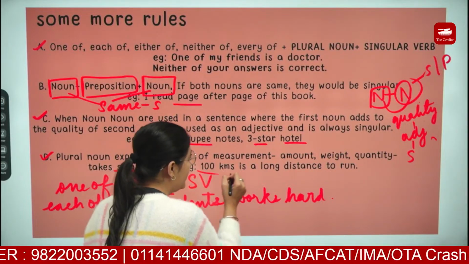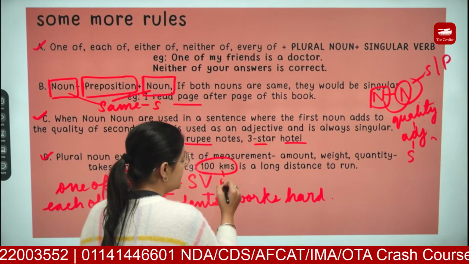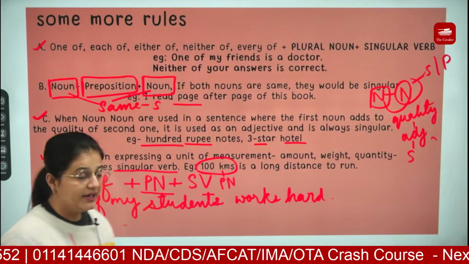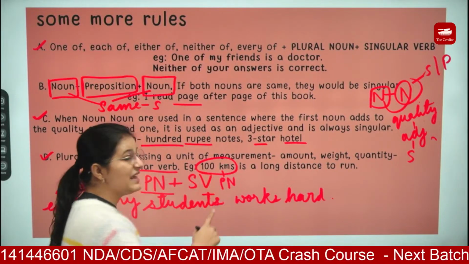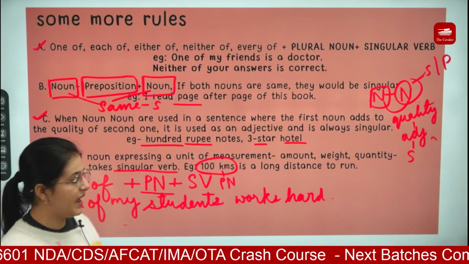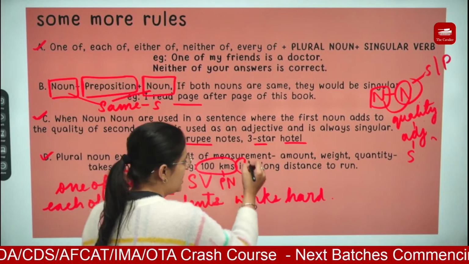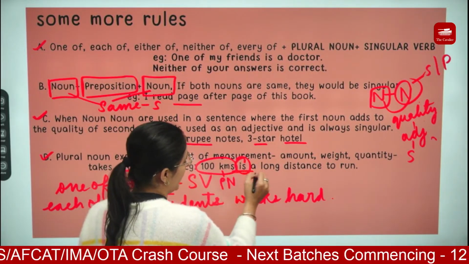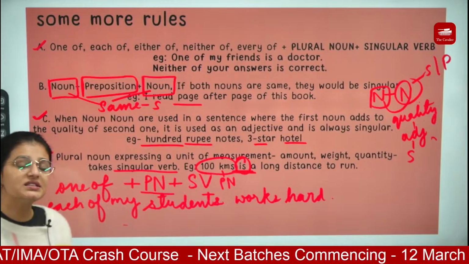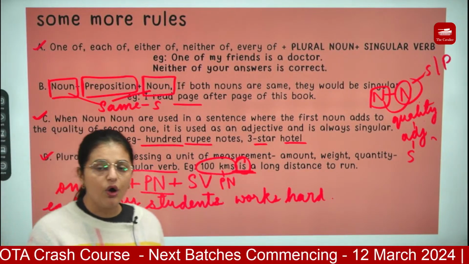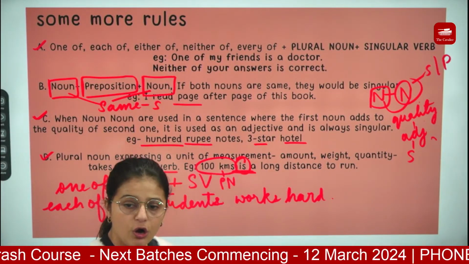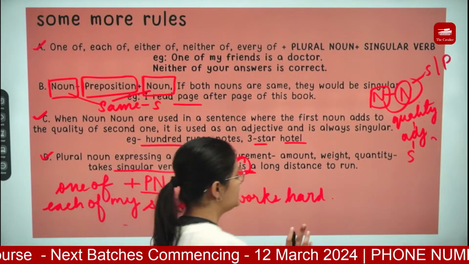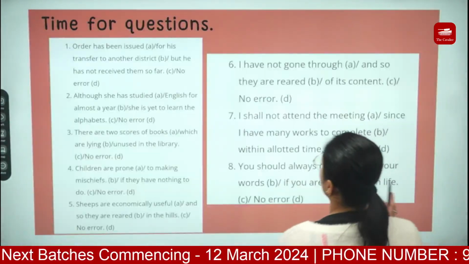So if I talk about 100 kilometers, actually a plural noun, लेकिन ये plural noun एक unit of measurement act कर रहा है. That is why over here I am going to use a singular verb instead of a plural verb. All right. Now let's move ahead and do some questions.